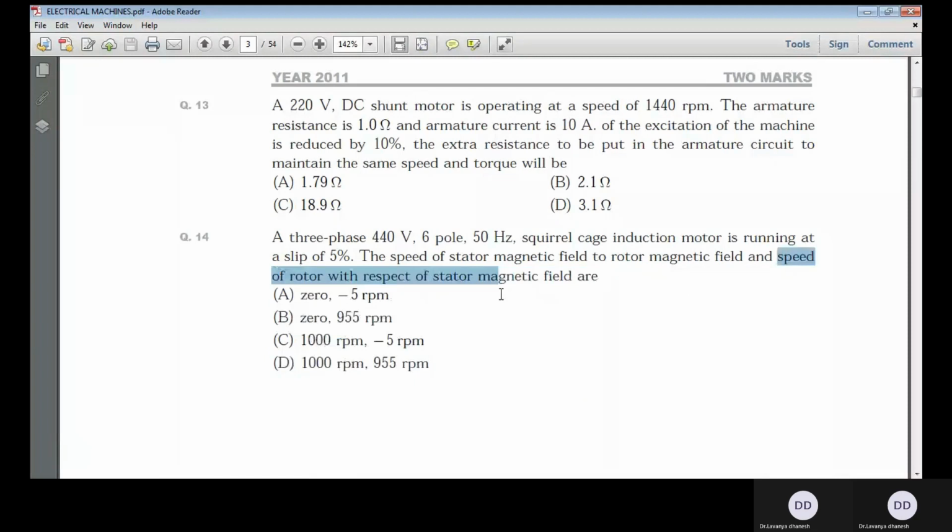It is a rotating field. Always the speed of the rotor with respect to the stator field will be zero. So always we are going to have this expression. So it is 0 RPM, and that will be the answer.